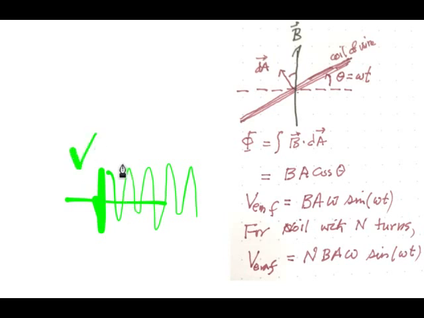And there'll be some period of oscillation, say from one maximum to the next maximum to the next maximum. That's a period, which is equal to 2 pi over omega.